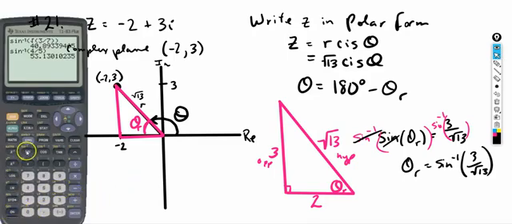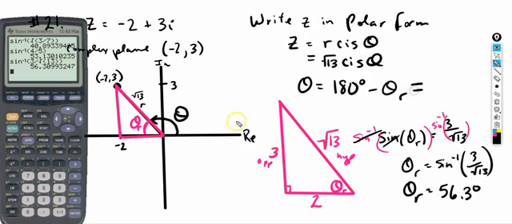Second sine, 3 over square root of 13, and press enter. So to 1 decimal place, my reference angle is 56.3 degrees.